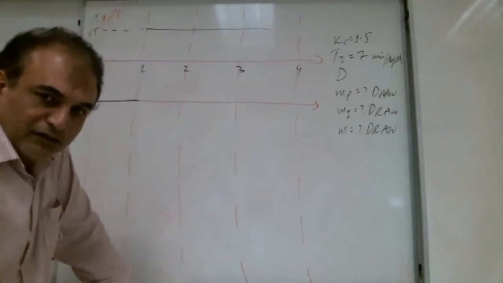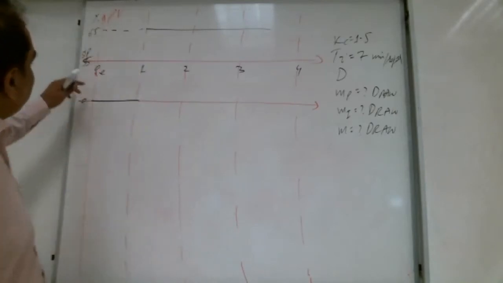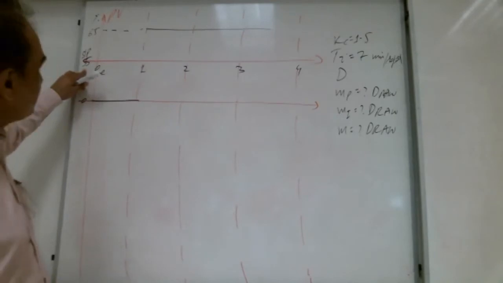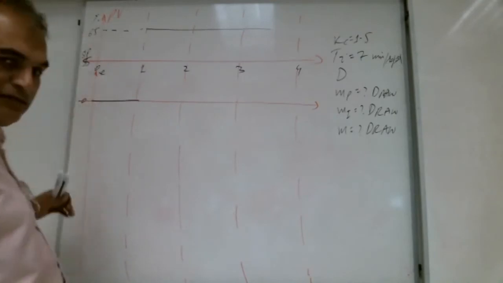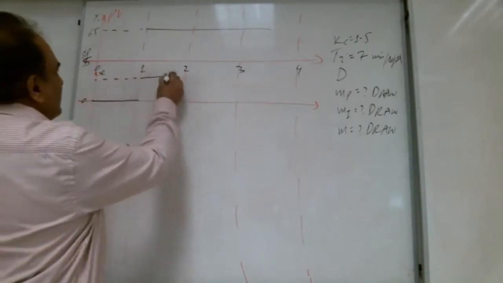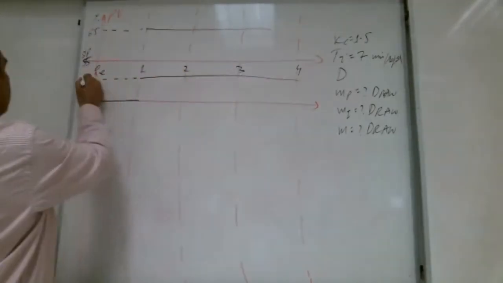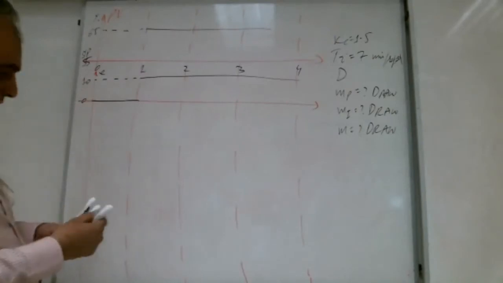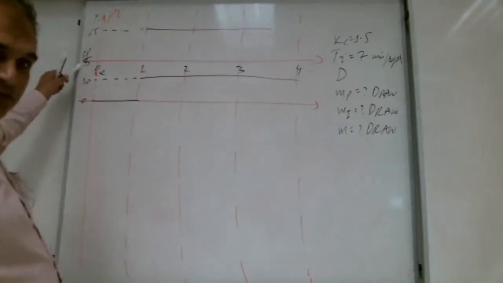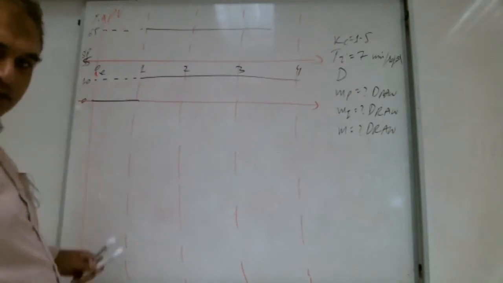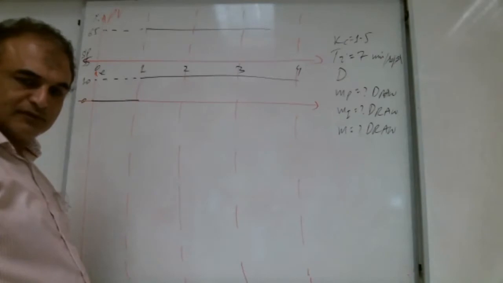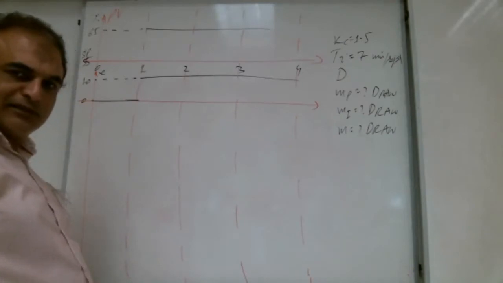Here the PV is 65, and the set point is 55. 65 minus 55, how much? 10. See once again, this is 65 minus 55, which is 10. Shabab with me? That's good.